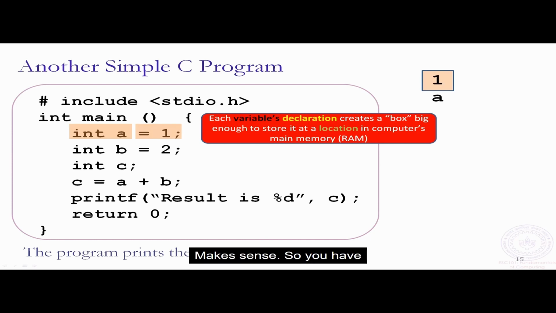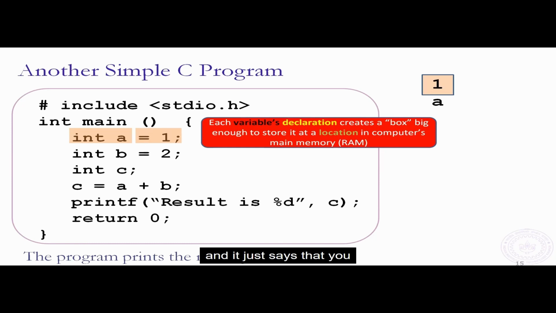Make sense? So you have int a equals 1, and it just says that you have a box of size, well, it's going to be 4 bytes if you have a 64-bit processor, and 2 bytes if you have a 32-bit processor.